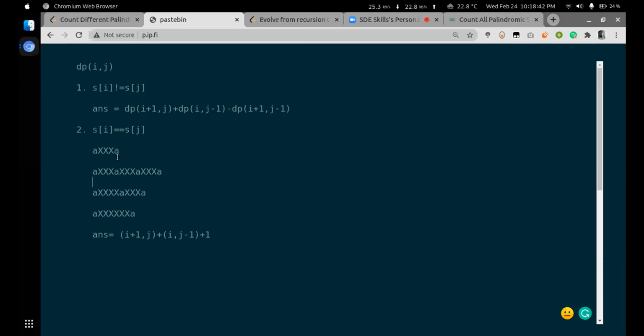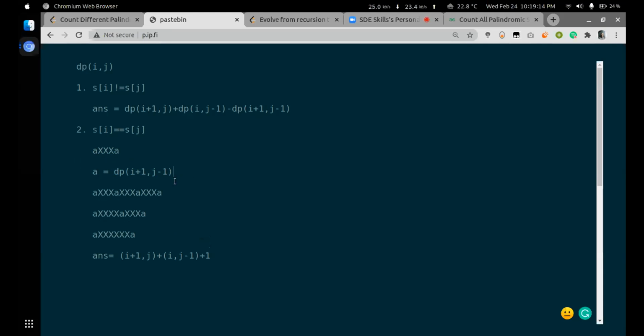So imagine this is the string. I will find all the possible distinct palindromes in between. If this is A, then this value will always be dp of i plus 1, j minus 1. So these are all the distinct palindromes between both extreme endpoints.